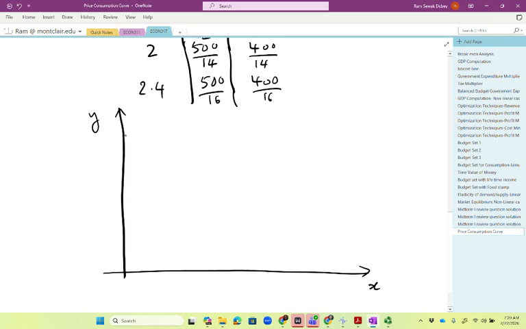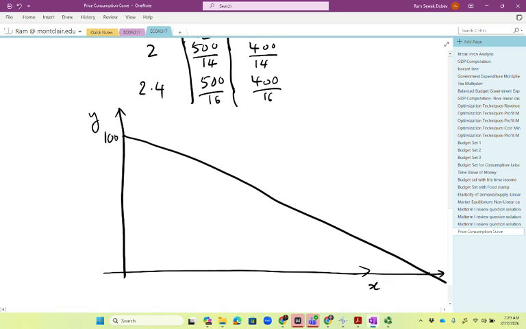So let's start with the vertical intercept. Since we are not changing the price of good y, also we are not changing the income, the vertical intercept would turn out to be income over the price of good y, 100 over 1. So this is 100. This is the information which never changes. And then I will draw some of the budget lines.